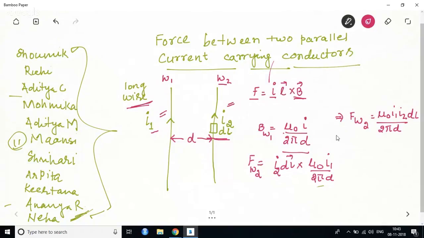Is it okay? So if I find the force per unit length of the W2 wire, the force per unit length would be force divided by the length of the wire dl, and that comes out to be mu naught I1 I2 divided by 2 pi d.